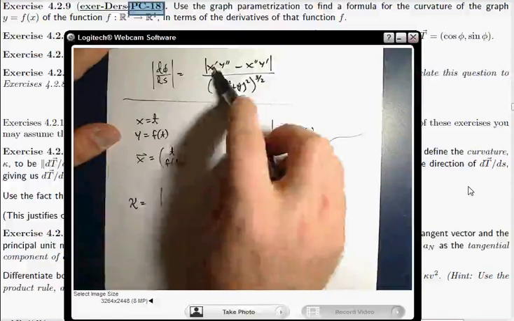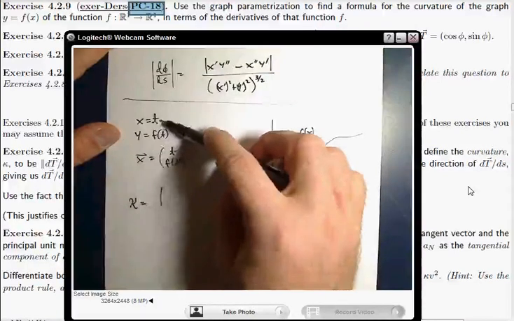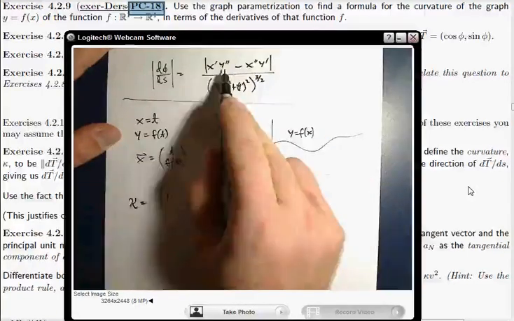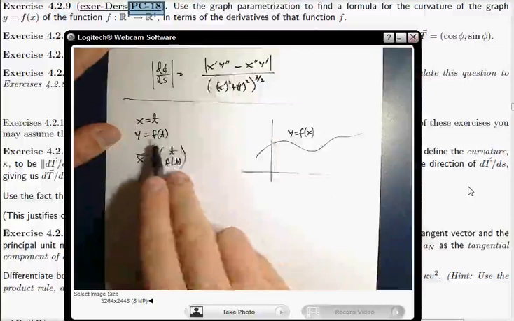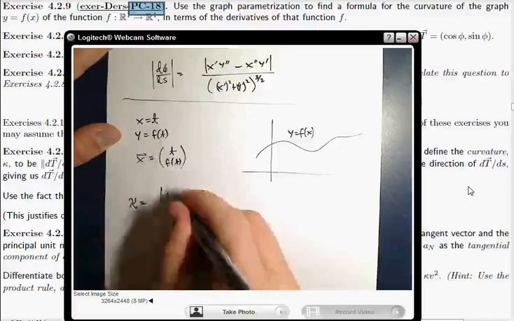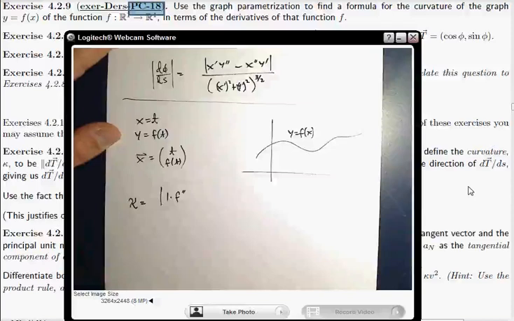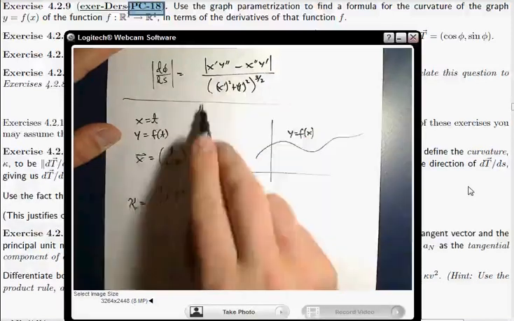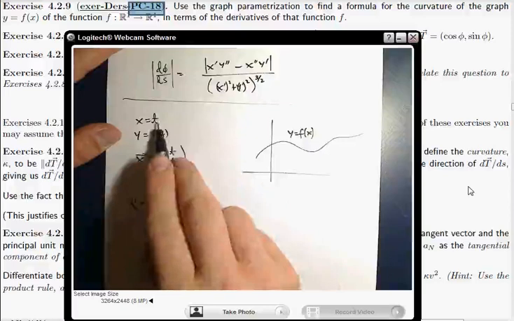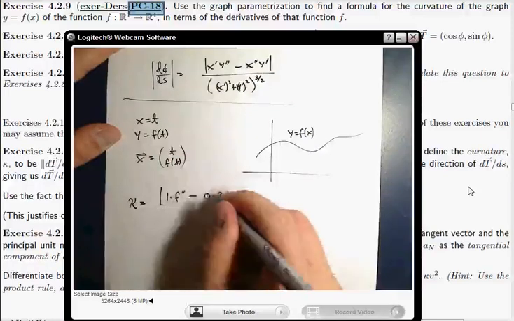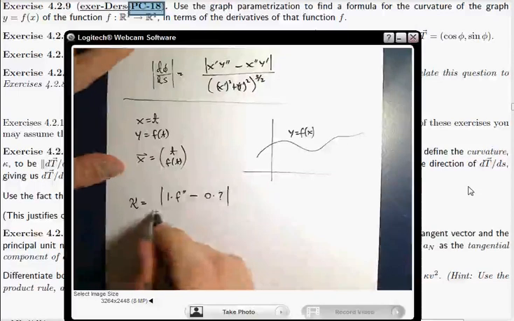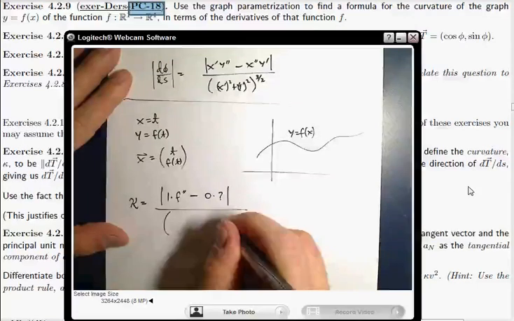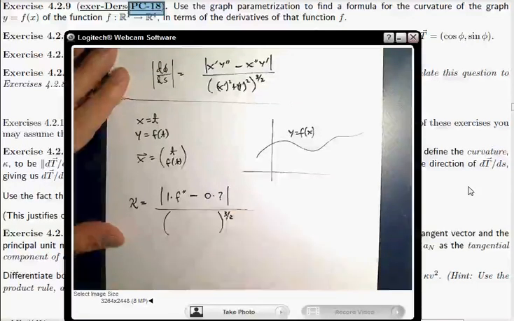Now, good news, x prime, easy to calculate. It's 1. y double prime, well, the second derivative of y with respect to t, that's just f double prime. Now we have minus, let's see, x double prime, well, that's 0, it's lovely, times I don't care, because I'm multiplying it by 0, and then we divide by, well, let's see here, we've got something to the 3 halves here, but what are these things?